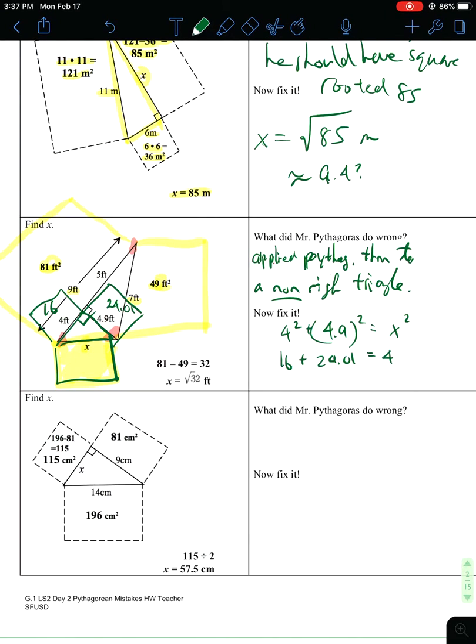So x squared is 40.01. To get x, the side length, we take the square root of 40.01, which is something about 6.3 maybe? I know it's between 6 and 7. Definitely closer to 6 because that's 36 versus 7 because that's 49 squared feet.